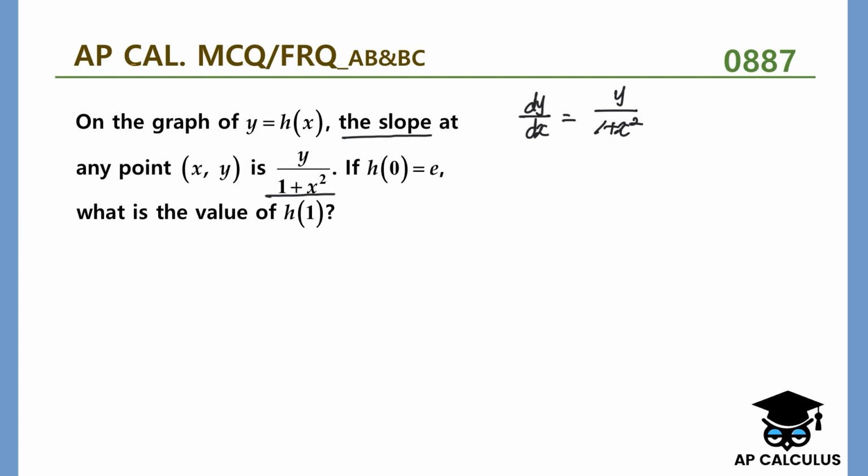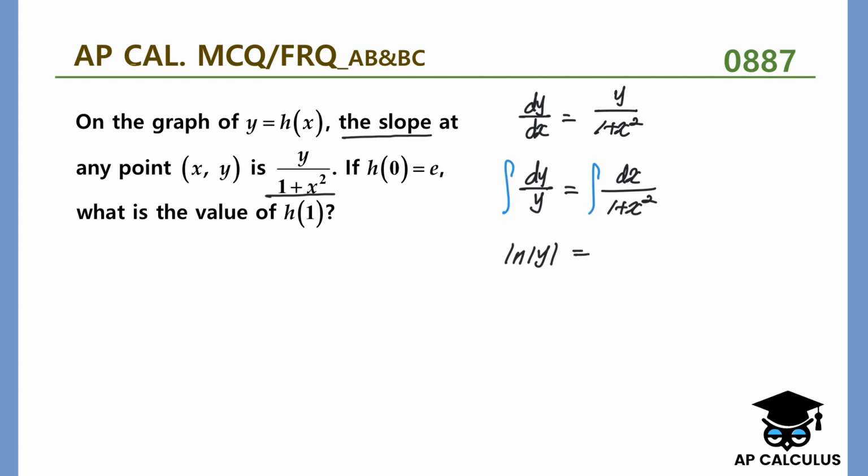Now we're going to have to separate the variables. So we have dy over y is equal to dx over 1 plus x squared, right? Now integrate each side. So far so good. What's the antiderivative of 1 over y? That's natural log y. We all know that.